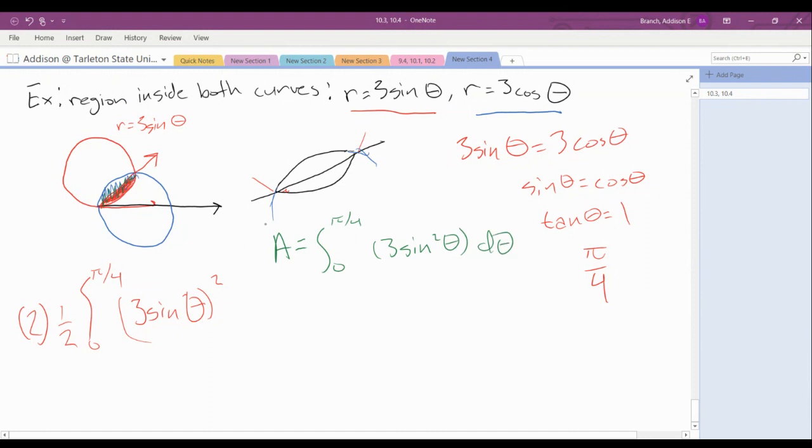Hypothetically, you could use the other one and use our cosine of theta. However, that one's a little messier and not quite as easy to use, mainly because your bound isn't going to start at 0 for that one.